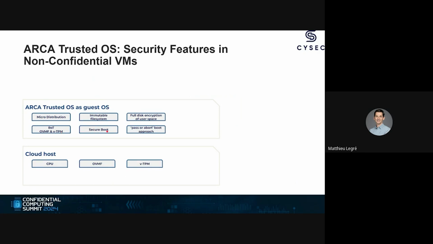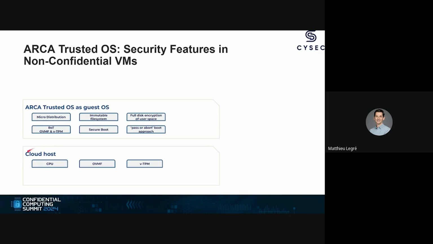The secure boot chain is a basic secure boot. As I mentioned, either we have a successful secure boot and we boot the system, or the secure boot is not successful and we just abort the system. There is no way to bypass the secure boot.